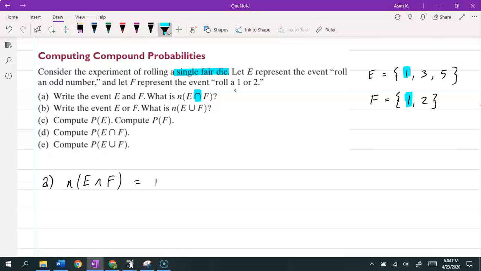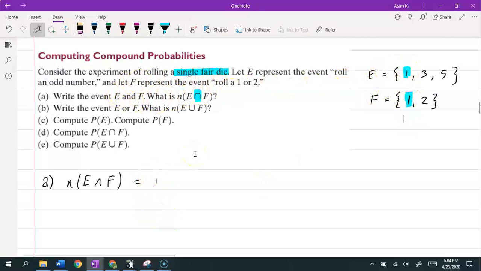So the event that you roll an odd number could be 1, 3, and 5. The event that you roll a 1 or a 2 is obviously 1 or 2. But how many of them have such that you have an odd number and you have a 1 or a 2? There's only one way that could happen. So there's only one count that'll work for us.